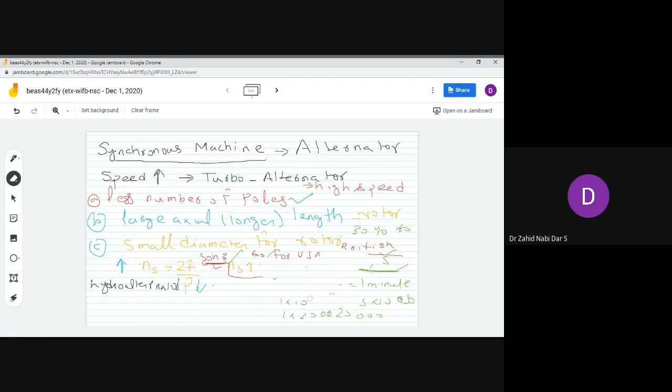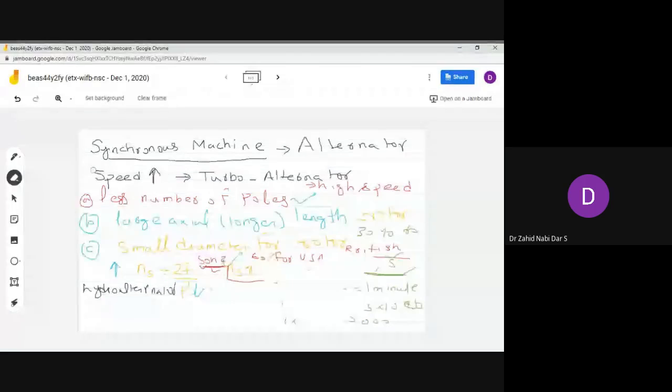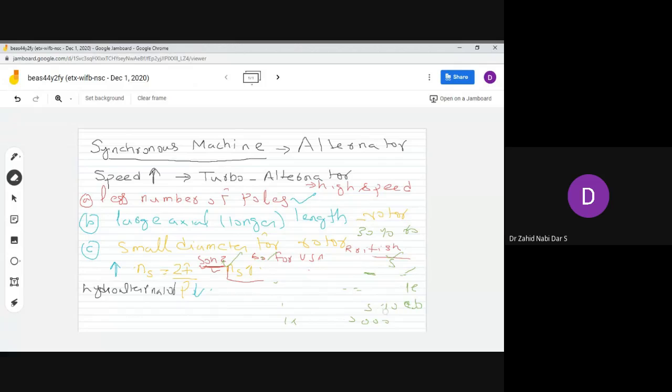Like the turbo alternator has more speed, whereas the hydro alternator will have lesser speed. The number one thing is that it has a lesser speed. In order to have a lesser speed, automatically the number of poles is more. To have the speed decreased, you have to increase the number of poles.